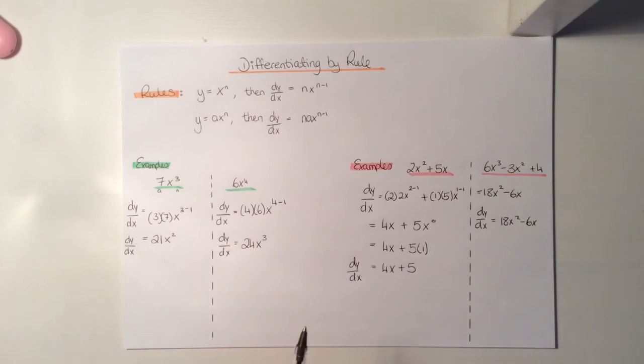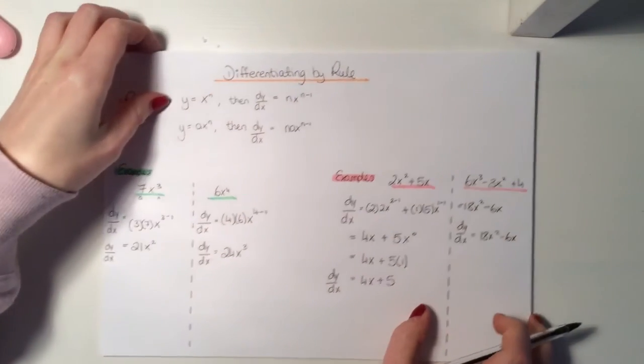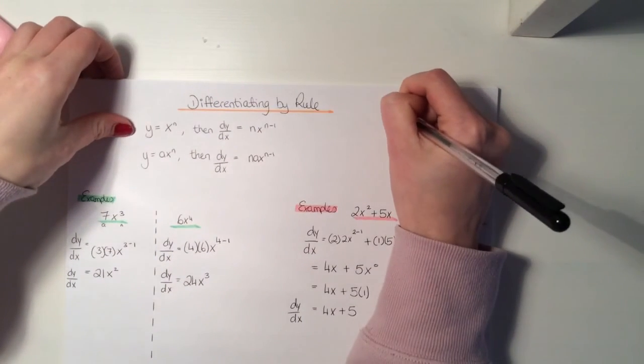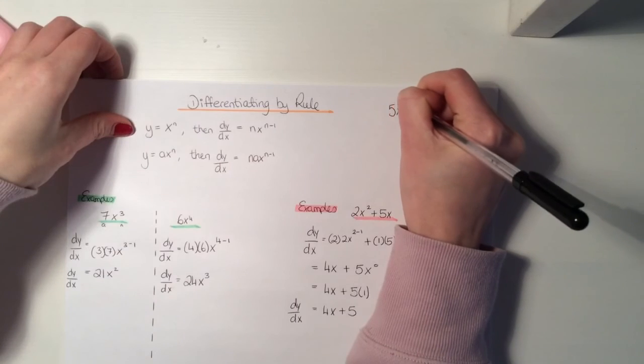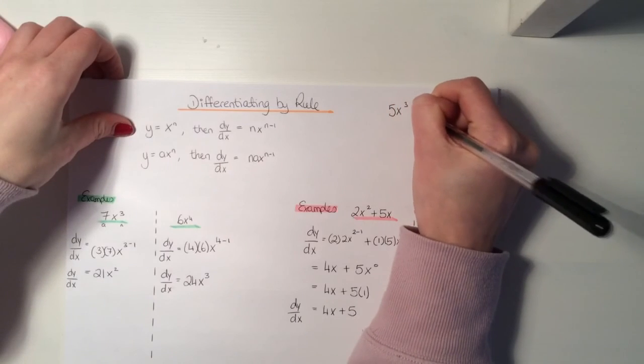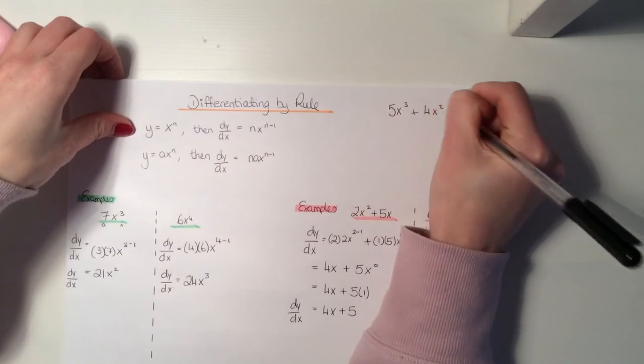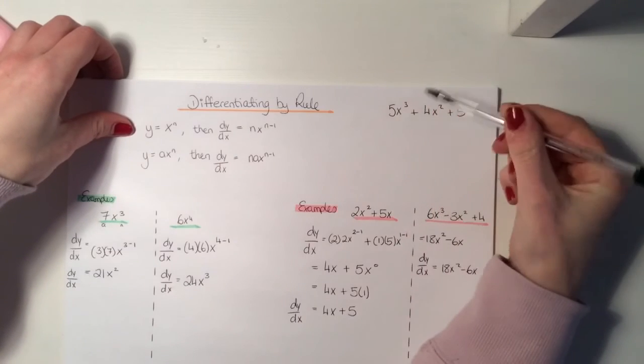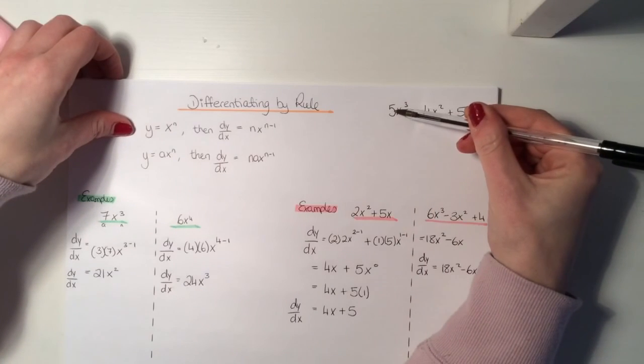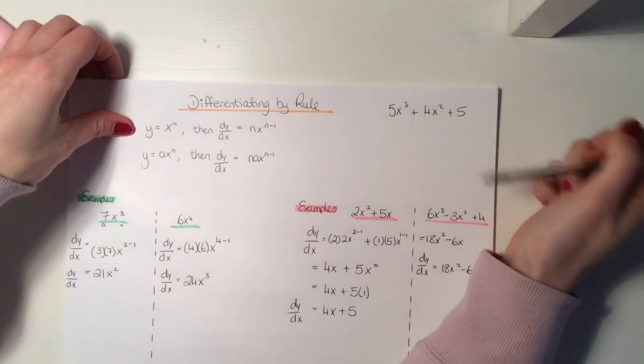So basically what you're doing is, if I have another example here, 5x cubed plus 4x squared plus 5, you just go power multiplied by the number in front, your coefficient, and then minus 1 from your powers.